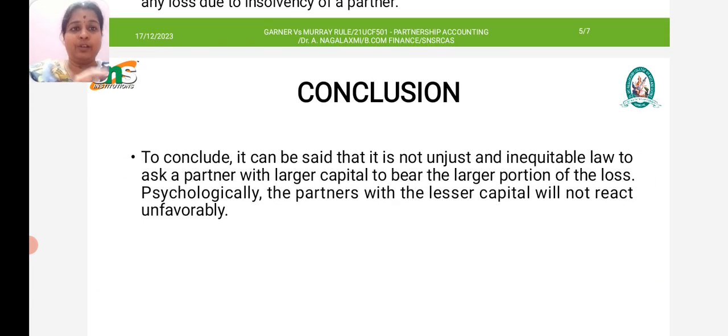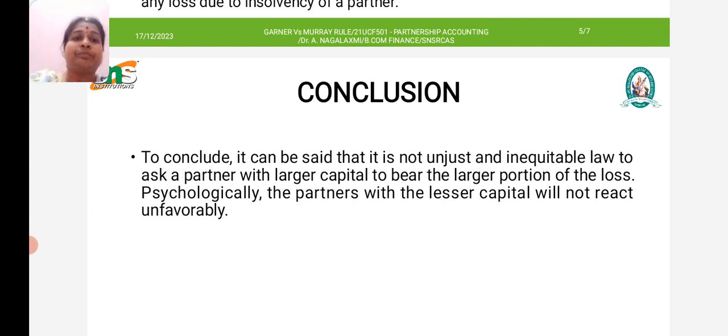Conclusion. To conclude, it can be said that it is not an unjust and inequitable law to ask a partner with larger capital to bear the larger portion of the loss. Psychologically, the partners with lesser capital will not react unfavorably.